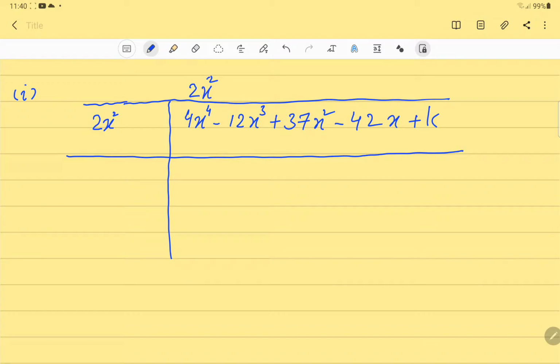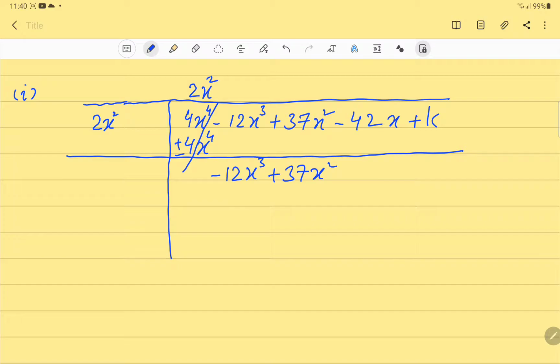When we multiply 2x squared with 2x squared, we will get 4x^4, and when we subtract it, it will cancel with each other. Then we will bring down the next two terms, which is minus 12x cube plus 37x squared.